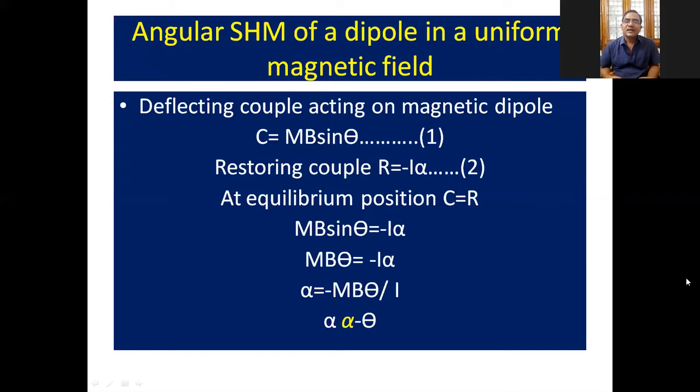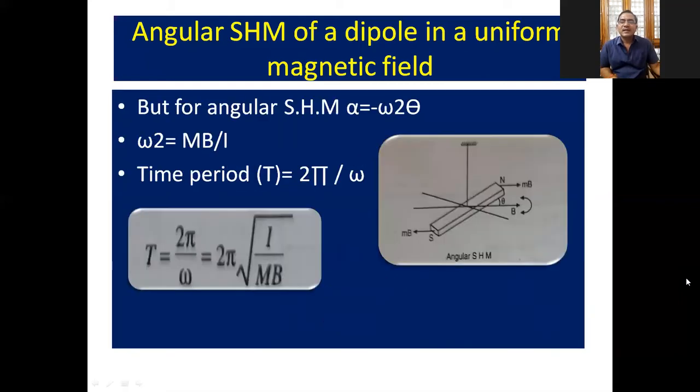From that we got the formula for the time period of this magnetic dipole: T equals 2 pi by omega, which equals 2 pi root of I by M B. Here I stands for the moment of inertia of the bar magnet, M is the magnetic moment, and B is the magnetic field strength of the uniform magnetic field in which the magnetic dipole is suspended.